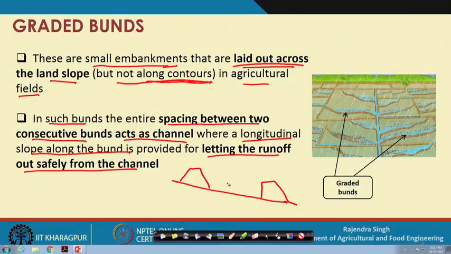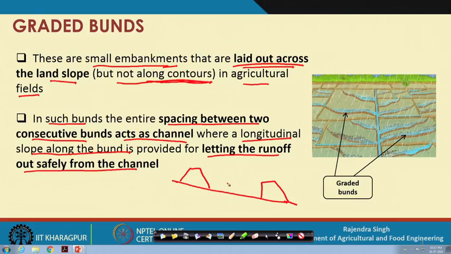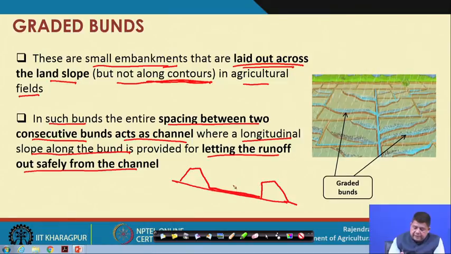But in this case, the function is basically safe disposal of excess water. So, this entire area here, and when we say area, there is a length perpendicular to the board also, that is very important.